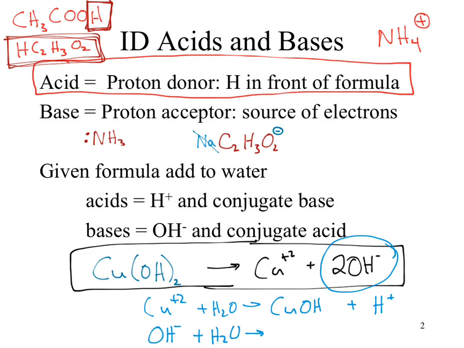So to make it more stable, we have to make it more neutral. What does it need to neutralize? It needs a positive, so we can look to our water molecule and identify a positive. What's the positive in our water molecule? Hydrogen ion. So we generate water, and what's left over is OH minus.